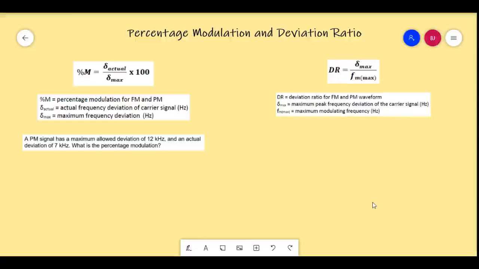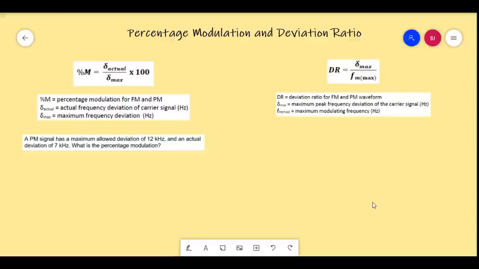So this just determines how much in percent is the frequency deviation being used compared to its maximum frequency deviation. While deviation ratio would be the ratio of our maximum deviation over the maximum frequency of the modulating signal.